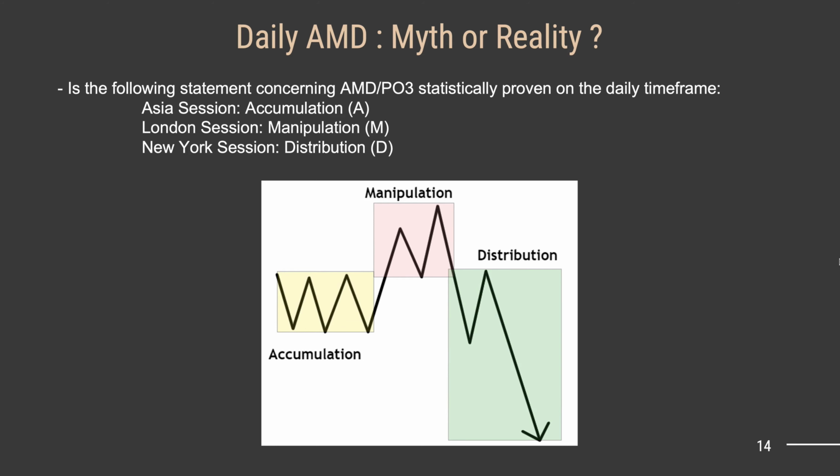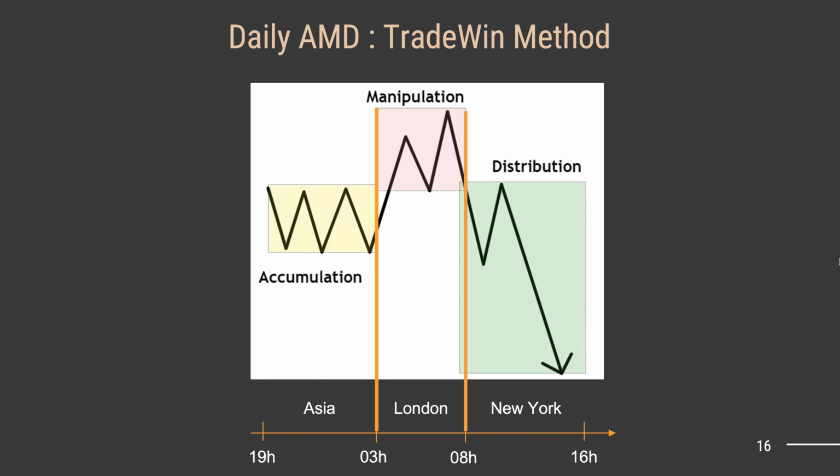This means that for any day, London either makes the high or the low of the day, and after that, New York makes, in consequence, either the low or the high of the day. That's what it means. In this example here, this would mean that London makes the high of the day and New York makes the low of the day.